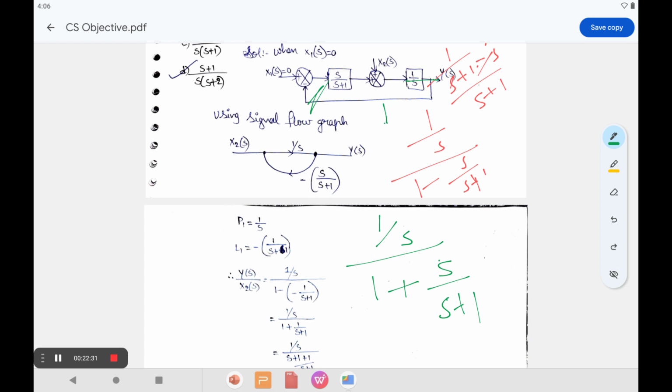So there is also one more consideration. In case we don't have any possibility, s plus 1 is nothing but obviously we will get 2s plus 1, right? Therefore 1 by s by 2s plus 1 by s plus 1. Therefore if you are taking the numerator, it becomes s plus 1 by s plus 1 divided by s into s plus 2.